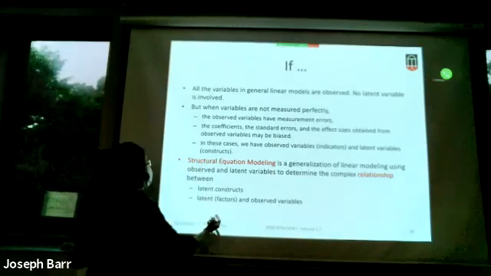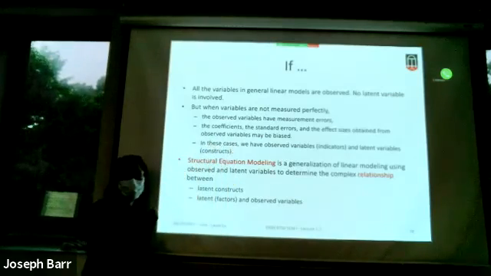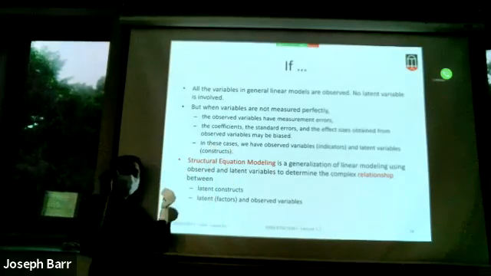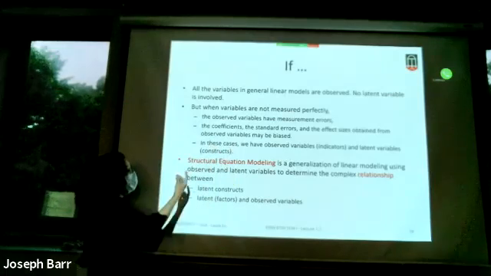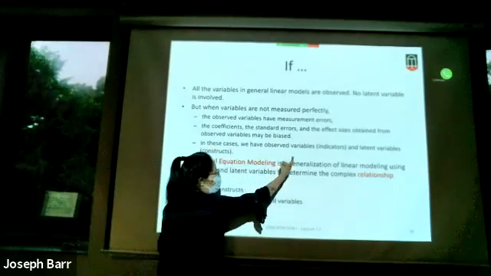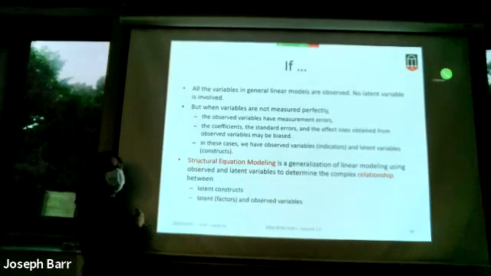So if we treat the observed value as our true score, then we will have some bias. The coefficients, the standard errors, and the effect sizes obtained from the observed variables may be biased.